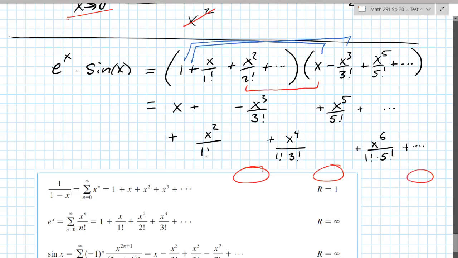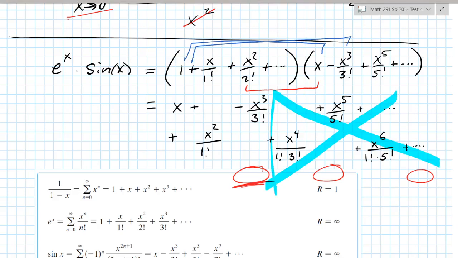Now, the original question says, find the first three non-zero terms. So the first three non-zero terms would be the x to the first, x to the second, x to the third terms. So I would need this, and I wouldn't really care about all of that stuff.